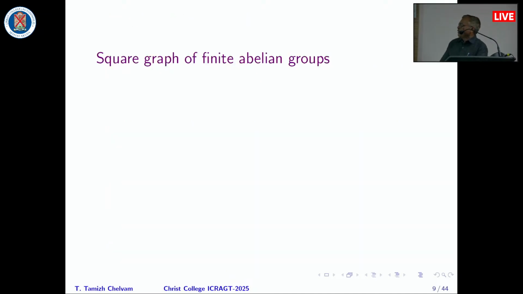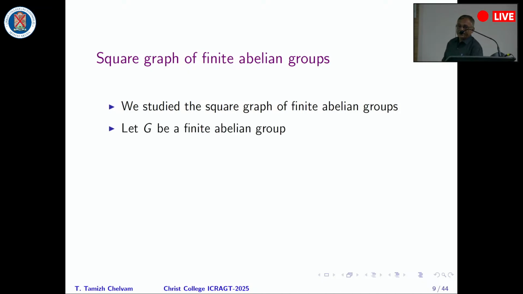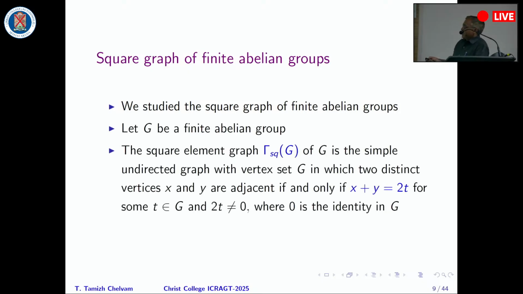So what we would like to do is explore the possibility of having the square graph, or square element graph, for finite abelian groups. We started this: let G be a finite abelian group, and the square element graph of G is denoted by gamma SQ of G, for which the vertex set is G, and 2 distinct elements x and y are adjacent provided x plus y is equal to 2t.